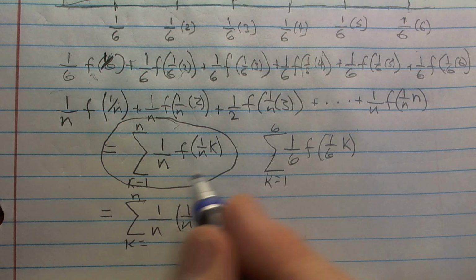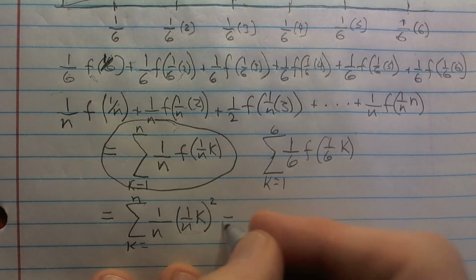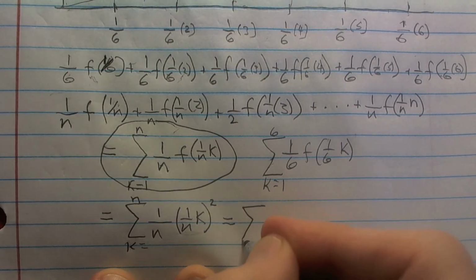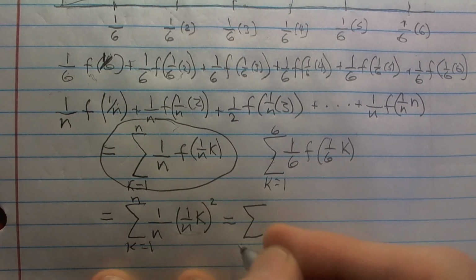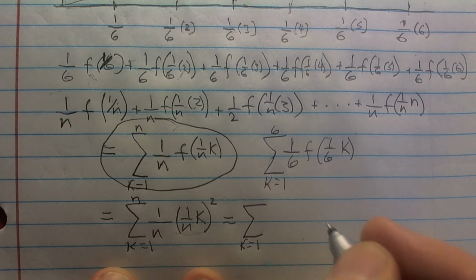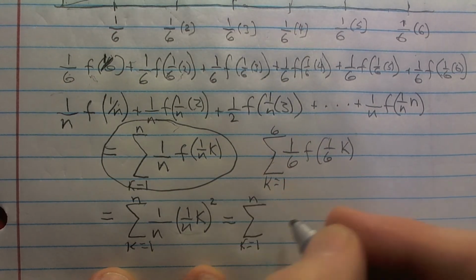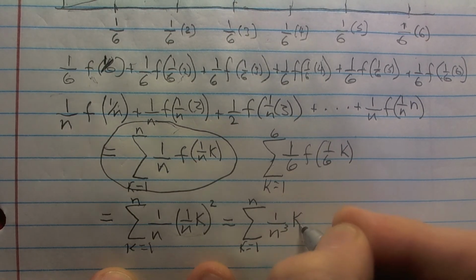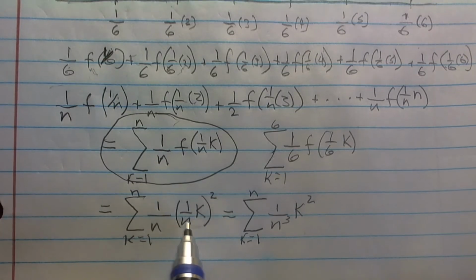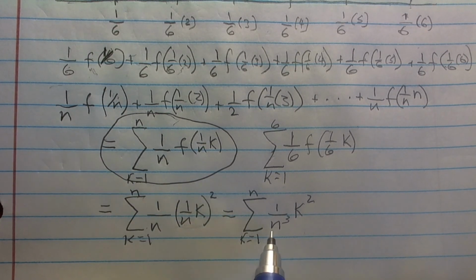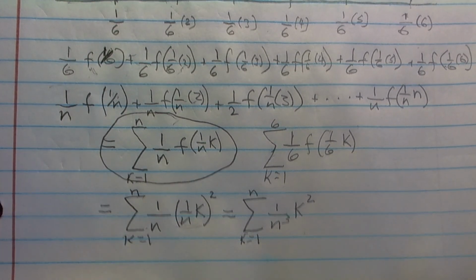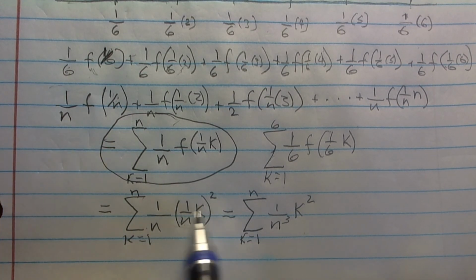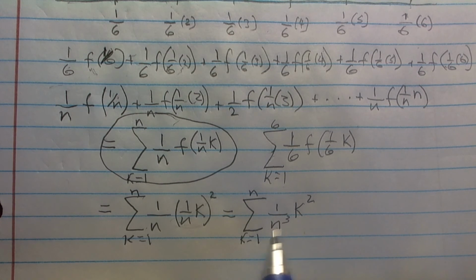So I'm just generalizing it a bit. Now, I rearrange things a little bit, and we've got the sum from k equals 1 to n of 1 over n cubed times k squared. Because this is n squared, this is n, that's n cubed. So I just squared this out and rearranged things a little bit.